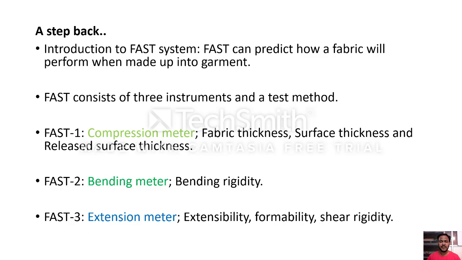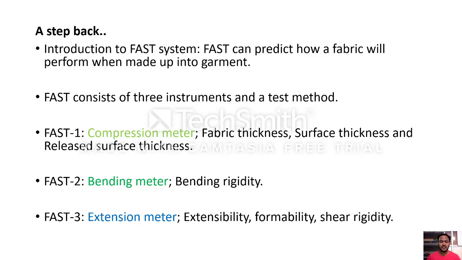This system can predict how a fabric will perform when it is made up into a garment. And this FAST system is a commercially successful system which is used in industries also.